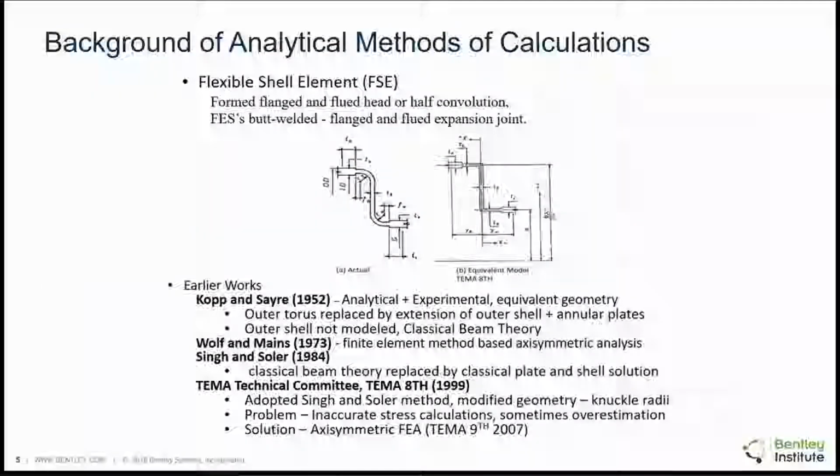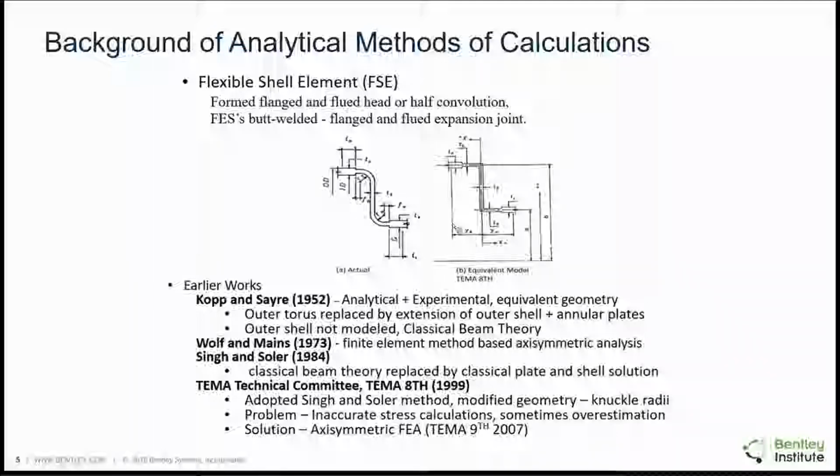So let's go over the background of the analytical method of calculations. An expansion joint is basically made of what you call flexible shell element, FSE. Shown here is a sketch of only one half of the expansion joint. The joint is symmetric, so if you slice it at the middle portion at the symmetric plane, this is how it will look.